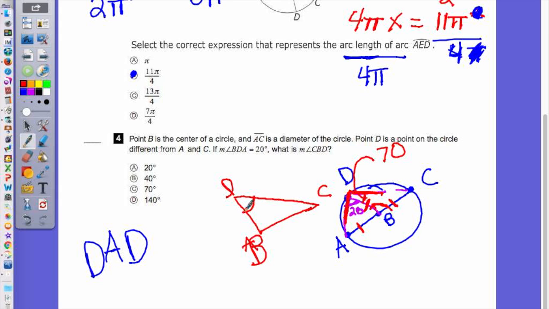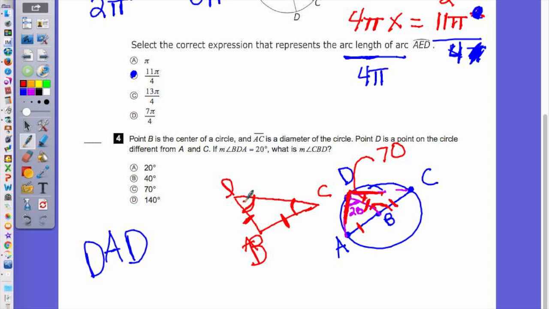And I know that this is a 70-degree angle. I also know that B to D is congruent to B to C. If angle D is a 70-degree angle, angle C is what? 70. How'd you know that? It's an isosceles triangle. It's base angles theorem. These base angles are congruent because they're opposite congruent sides.